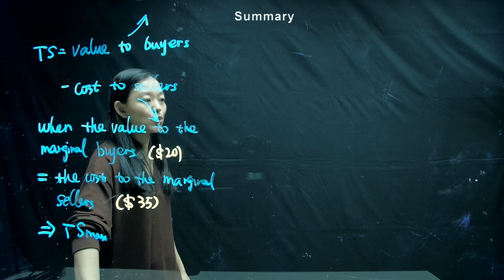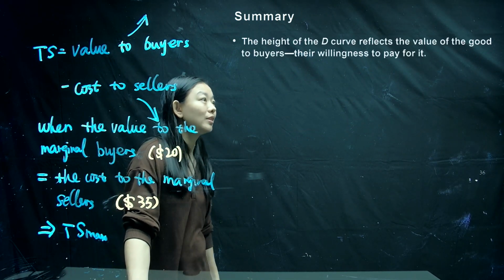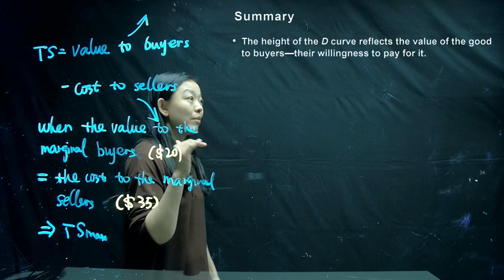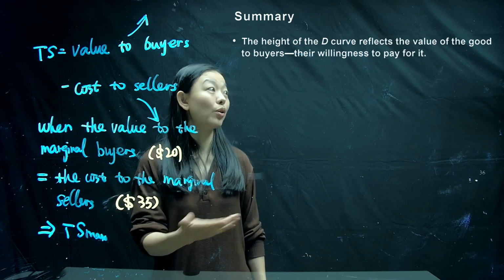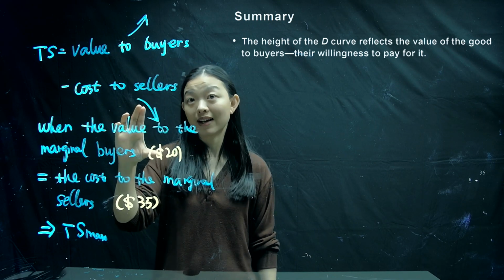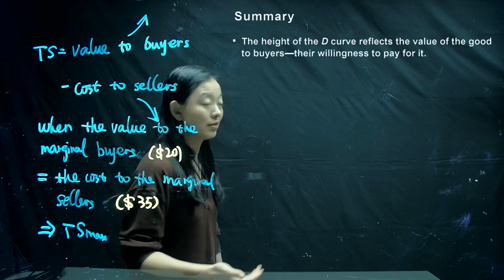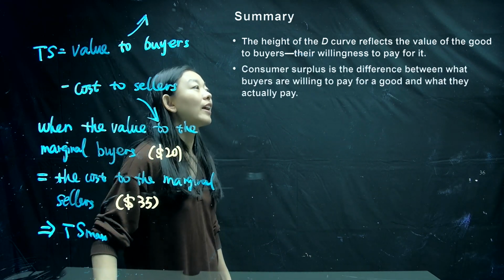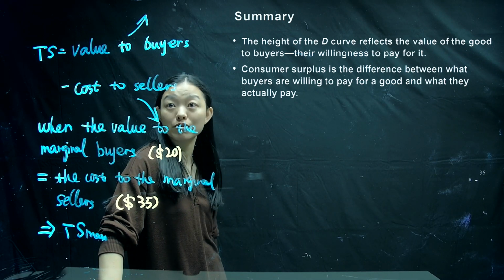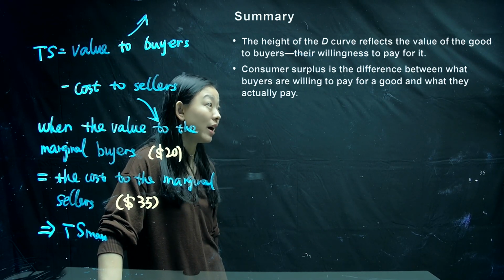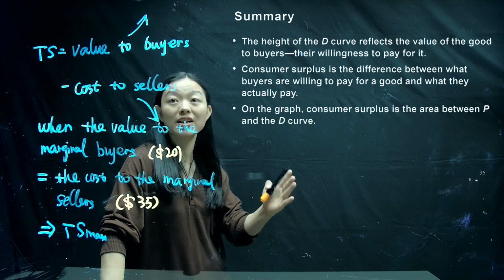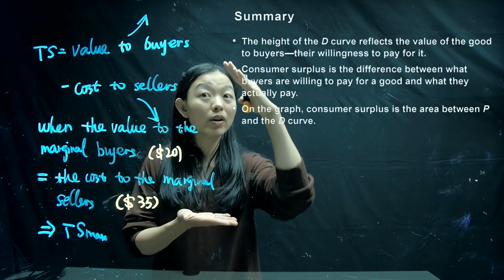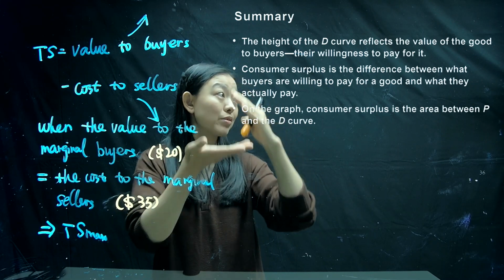Let me summarize what we have learned in this chapter. The height of the demand curve reflects the value of the good to buyers, or we can say it measures the willingness to pay. Consumer surplus is the difference between willingness to pay and the market price. On the graph, the consumer surplus is the area below the demand curve and above the market price.